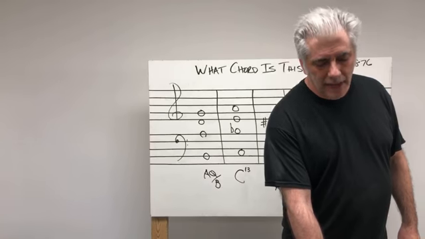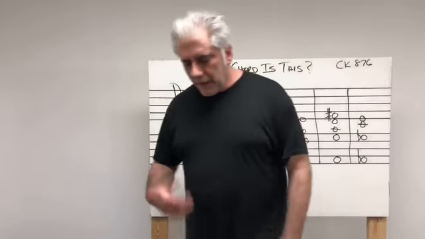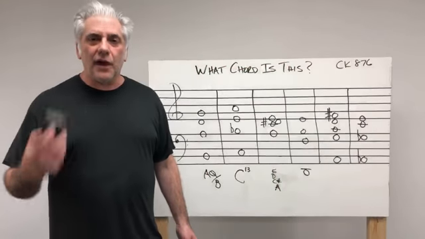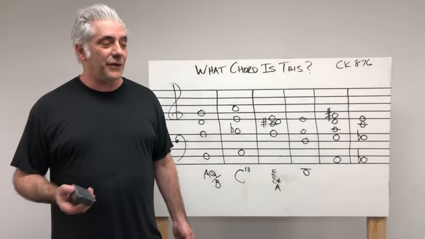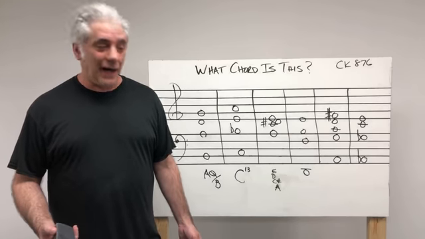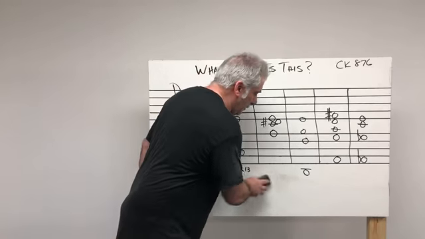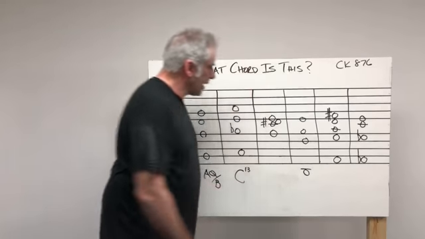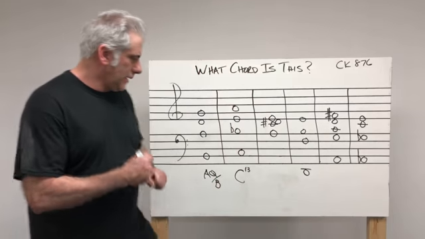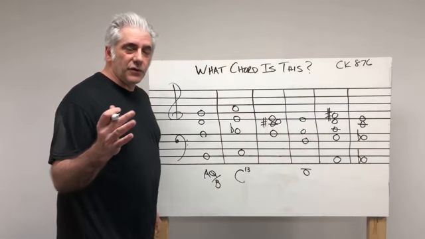Now, if any of you see the term S-U-S, sus, that stands for suspended. Now, some people think it means sustained. I don't know why, but you know now that it means suspended. There's a few different things you'll see this written as.